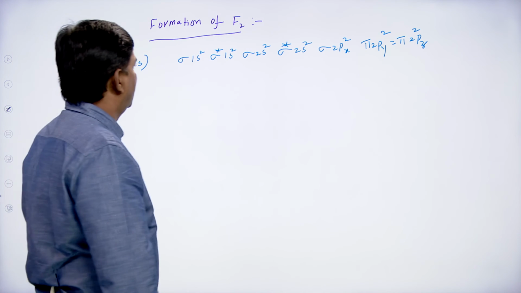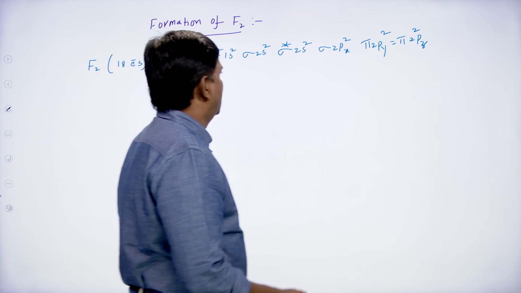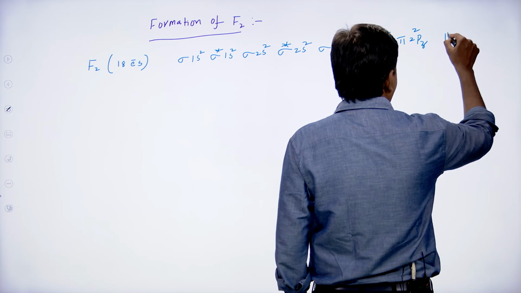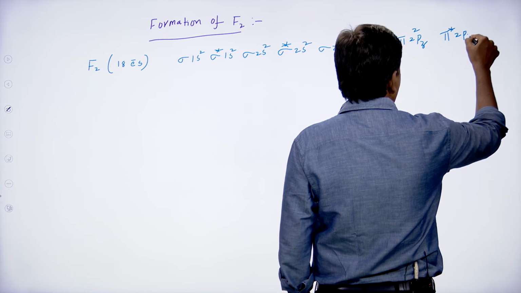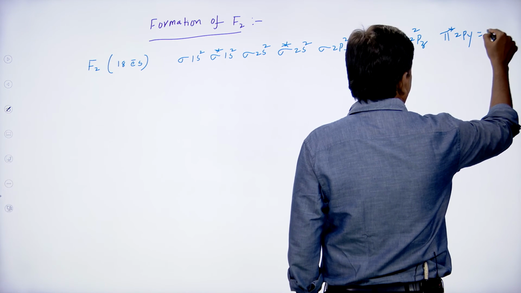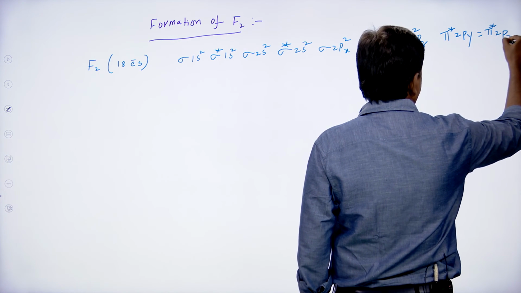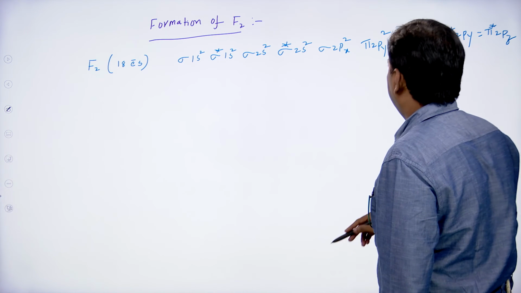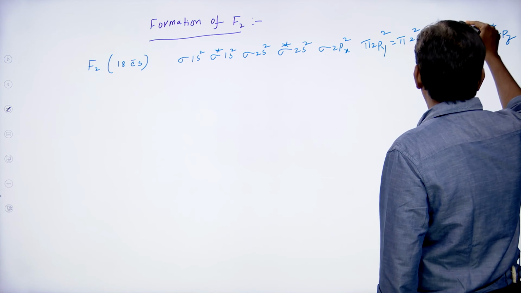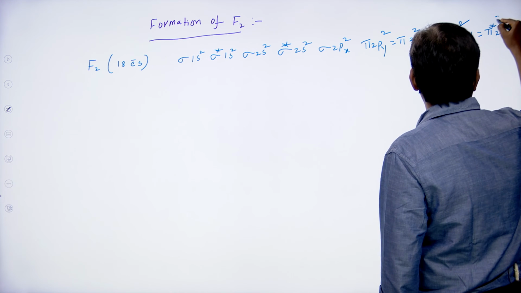Now, pi star 2py is equal to pi star 2pz. Like this.